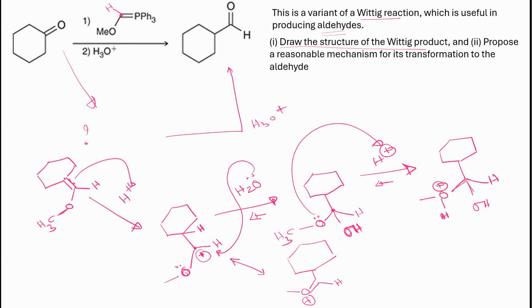Now this becomes a good leaving group, and you are going to get your carbon-oxygen double bond, and if you lose your proton, minus H plus, that is how you will get your aldehyde. So it's essentially an acetal giving you the hydrate, and the hydrate giving you the aldehyde. Essentially, that's what is going on there. So this is a good way to make a ketone into an aldehyde with an extra carbon.